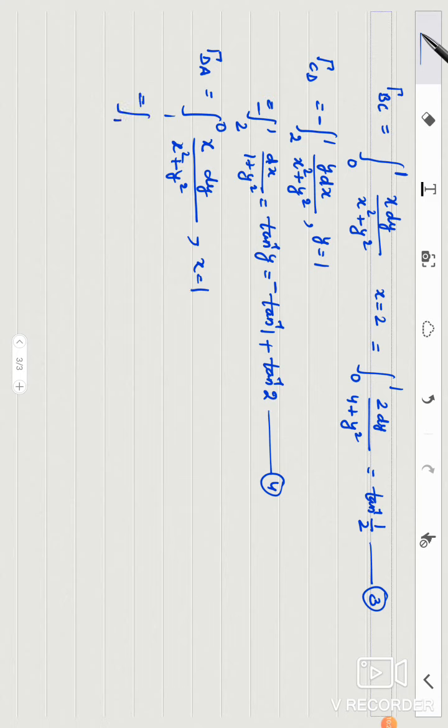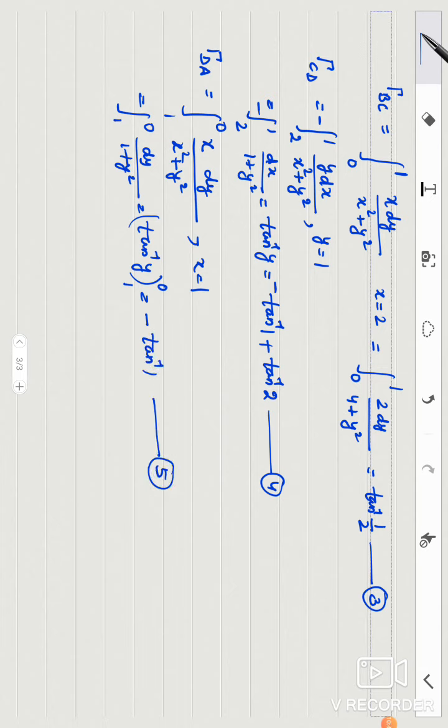So it is the integral from 1 to 0 of dy upon 1 plus y square. So it is tan inverse y from 1 to 0, minus tan inverse 1.